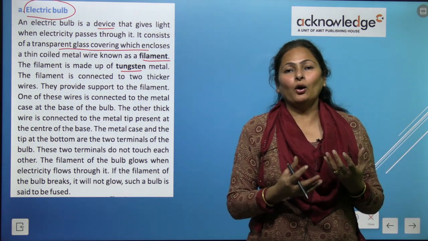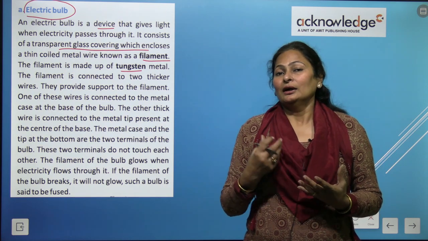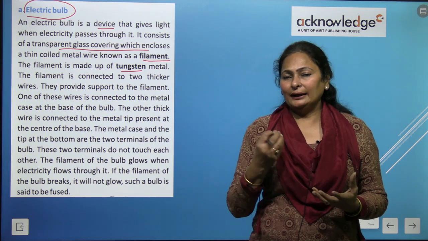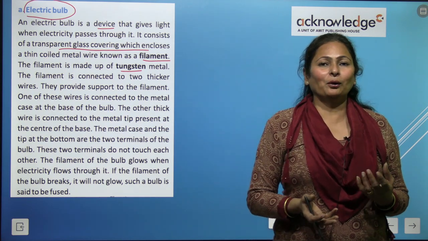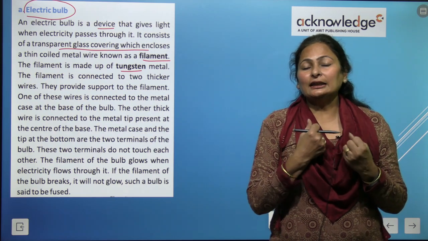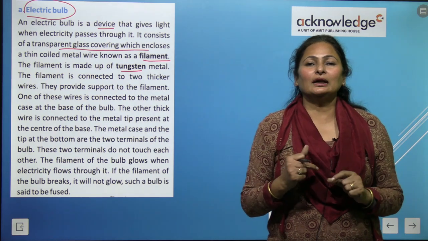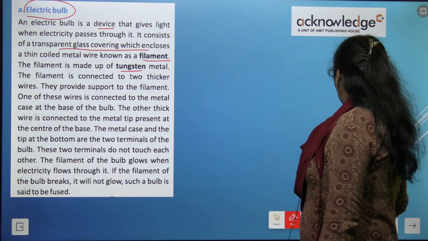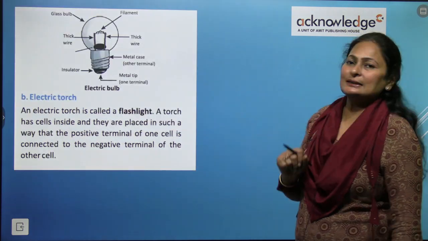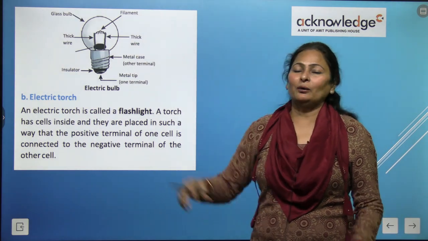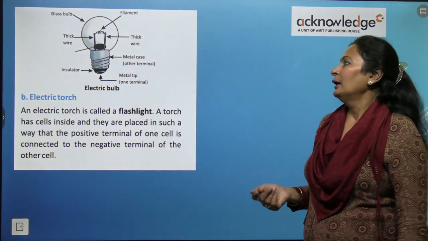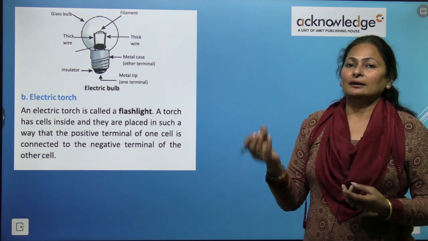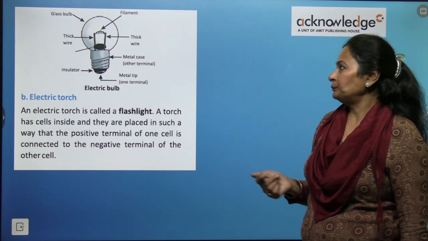Electric bulbs you all must have at your home, right? It is present at your home. And have you seen the structure? It is made up of glass, the transparent glass, right? I'll show you. This is the picture of a bulb. Nowadays CFLs are coming, but again the basics are the same.